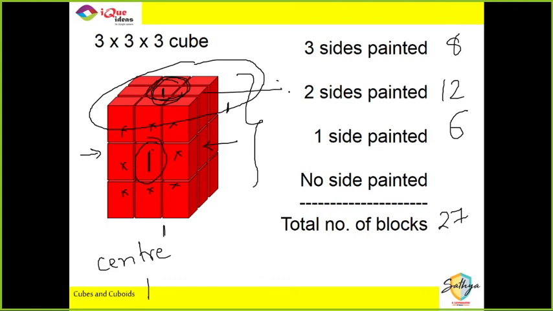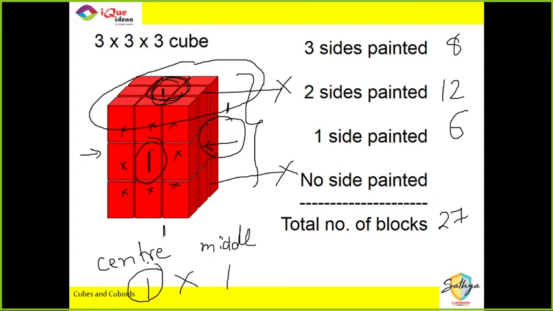From that, eliminate the top, eliminate the bottom. So vertically speaking, how many middle layers are there? 1 middle layer. You multiply these numbers. In the top layer, 1 center piece. Vertically, 1 middle layer. 1 multiplied by 1, 1. You will have exactly one piece with zero sides painted.